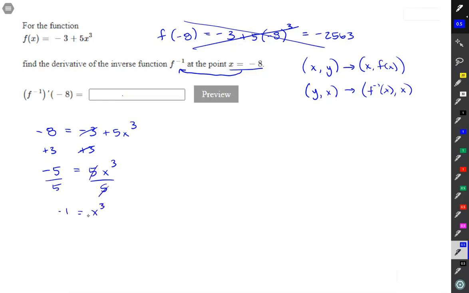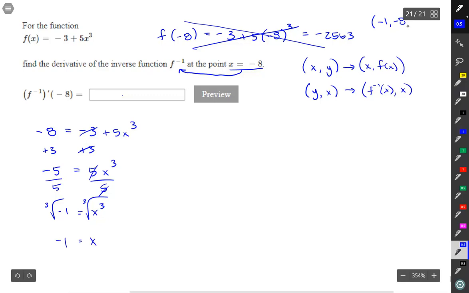If I take the cube root of each side of this equation, dealing with cubes, I don't have to worry about a plus or minus. Negative cube roots are okay. So I get x equals negative 1. So this is an x on the original function. So the point in question is the point negative 1, negative 8 on the original function.